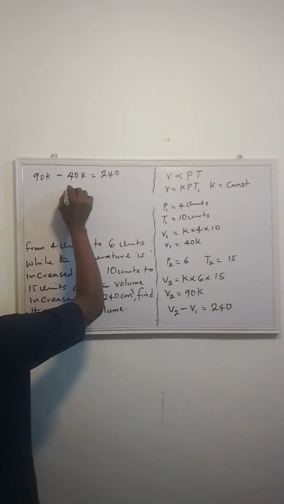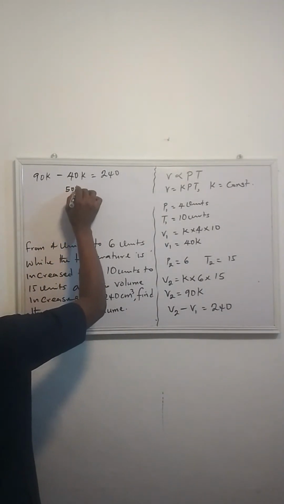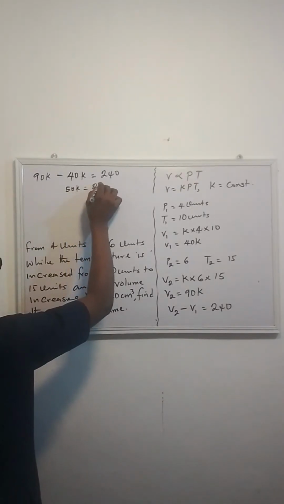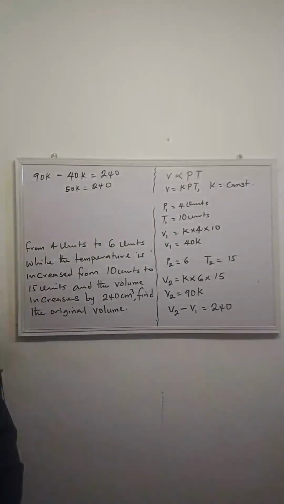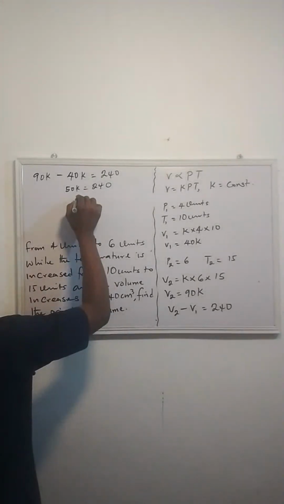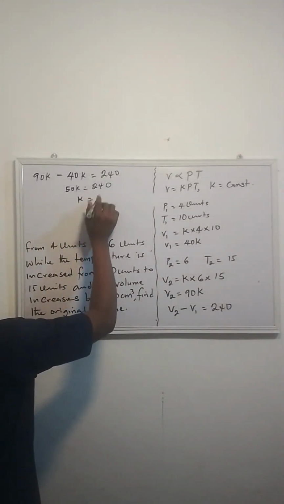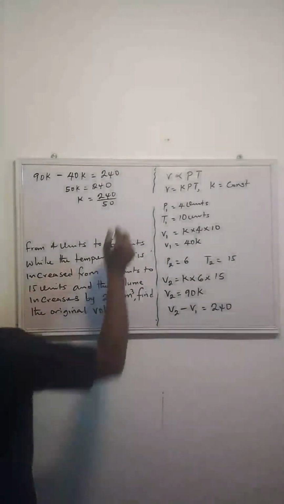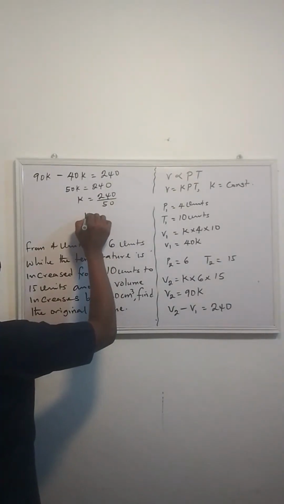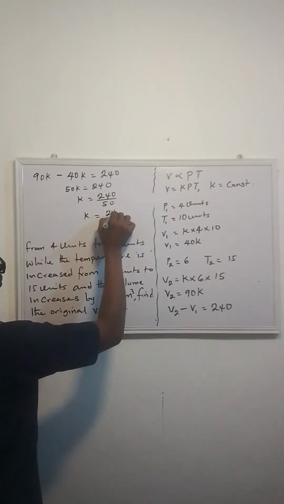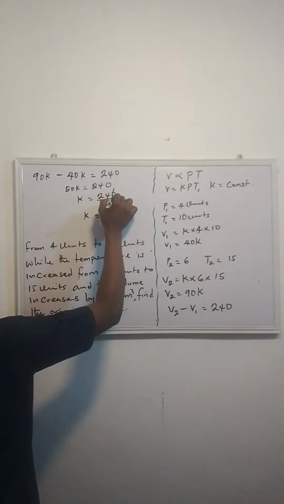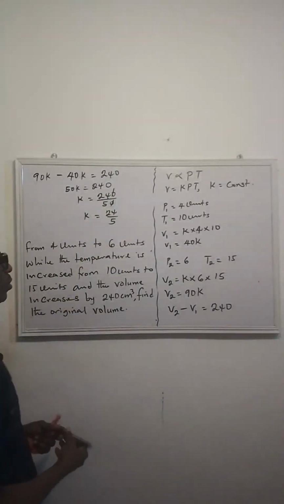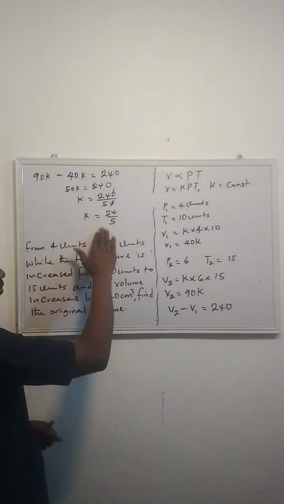When you subtract, we have 50K equals 240. So K equals 240 over 50. That gives us K equals 24 over 5, because we cancel the 0 here. So I now have the proportionality constant.